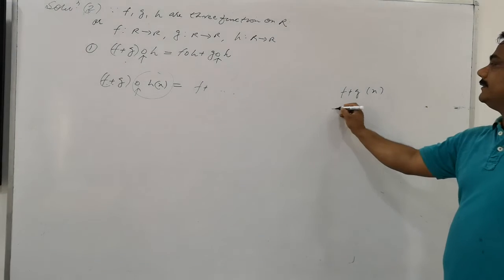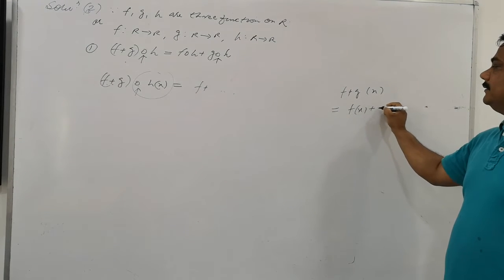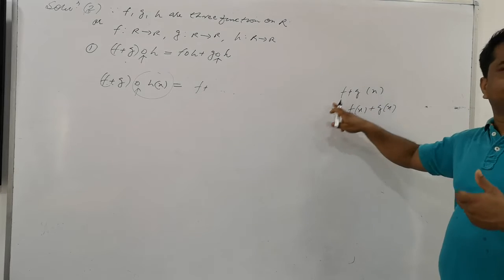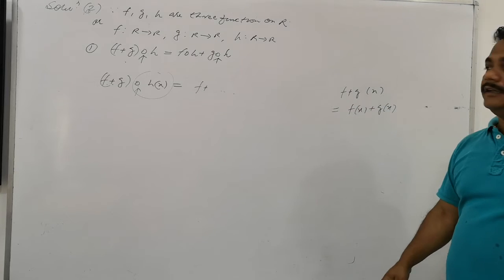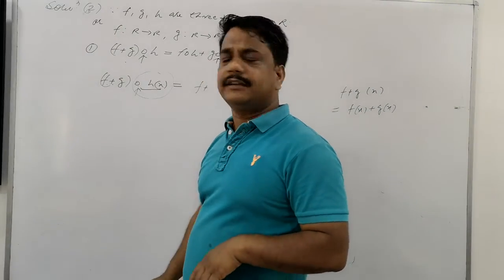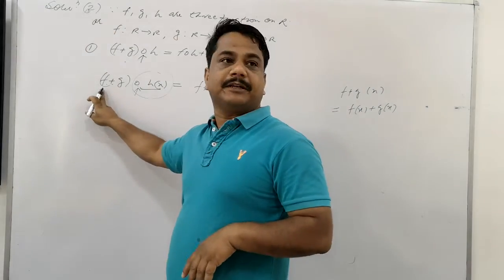It can be written as f(x) plus g(x). Is that clear? So the variable is distributive with respect to addition of functions. Same here, we suppose this is a variable.